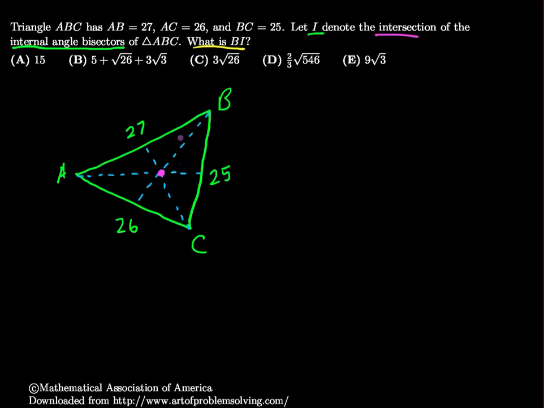Alright, the first thing we need to know is that this intersection is actually called the incenter. It's the center of the inscribed circle here. Okay, and so that's the incenter. And you know about your intersections in a triangle.